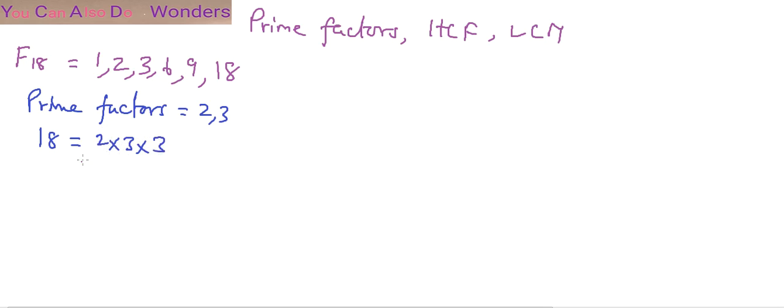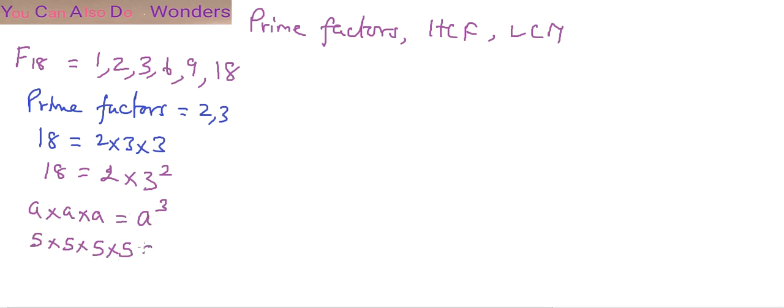In short, 3 into 3 can be written as 3 square. In general, A into A into A is A cube. 5 into 5 into 5 into 5 is 5 power 4 and so on.